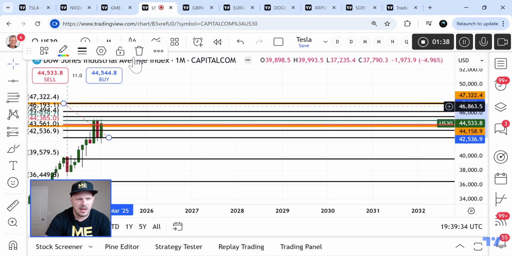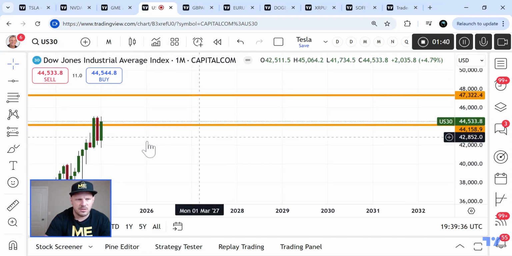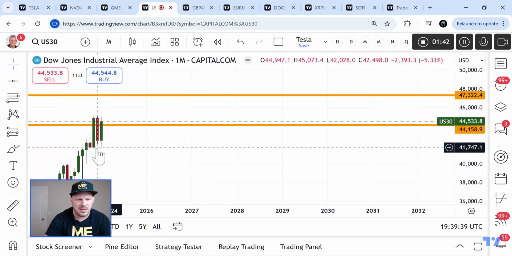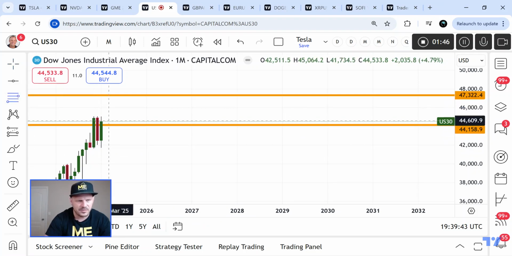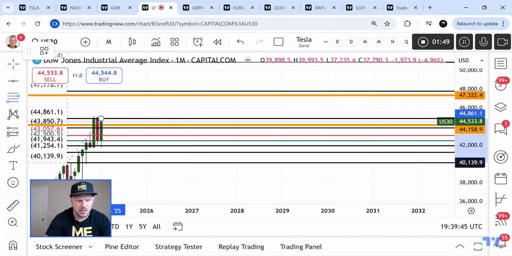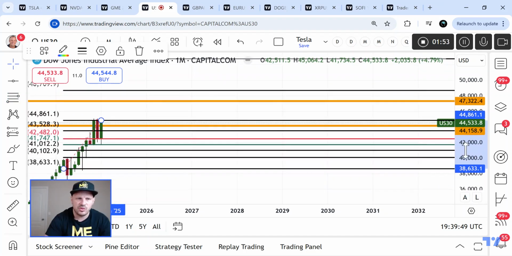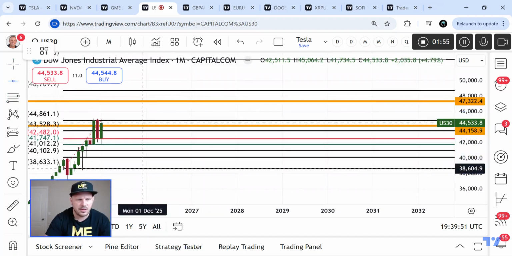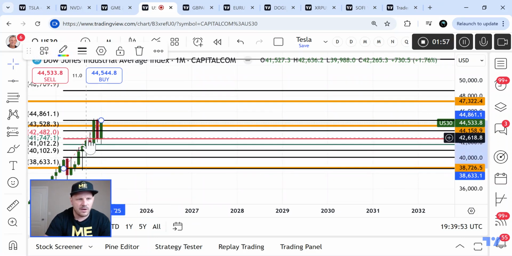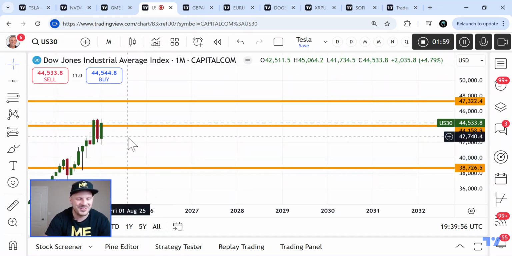And if for whatever reason we break this level here at 41,008, then we can go down to the 38s, which is a massive drop. Probably get a lot of frustrated, angry people if it goes to the 38s.